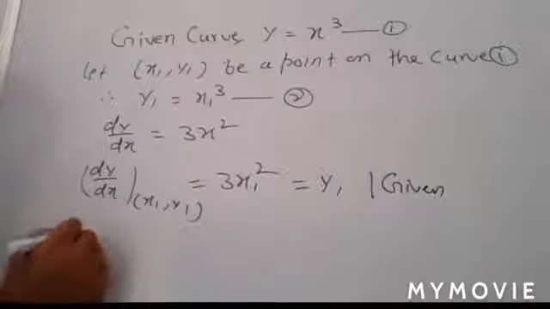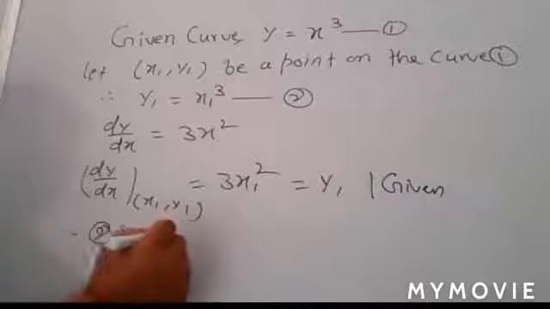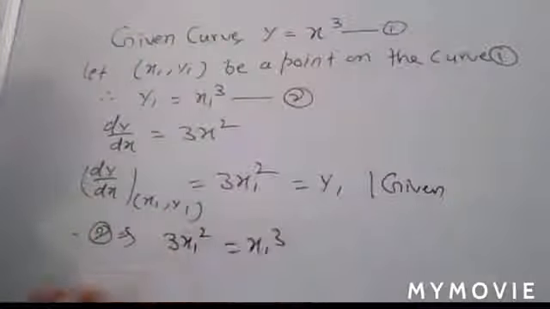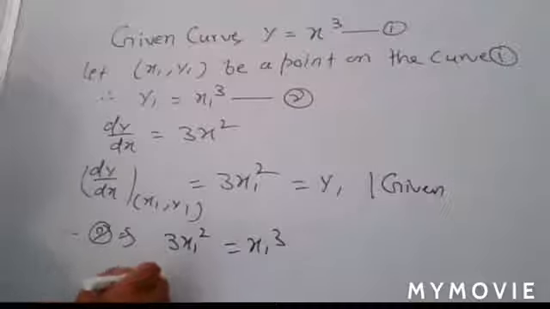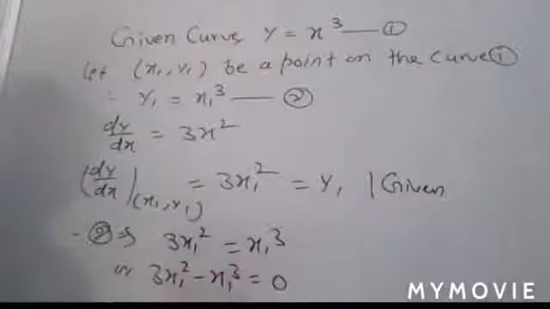So second implies, in place of y1 here you write 3x1 square is equal to x1 cube, or you have 3x1 square minus x1 cube is equal to 0.